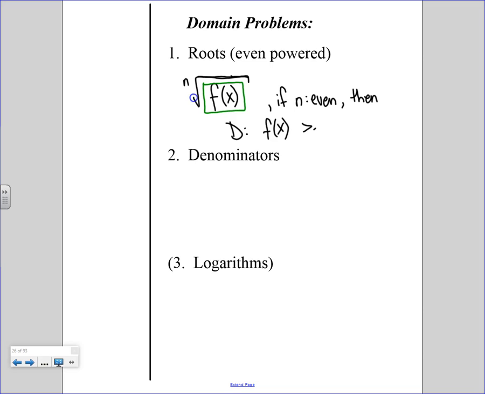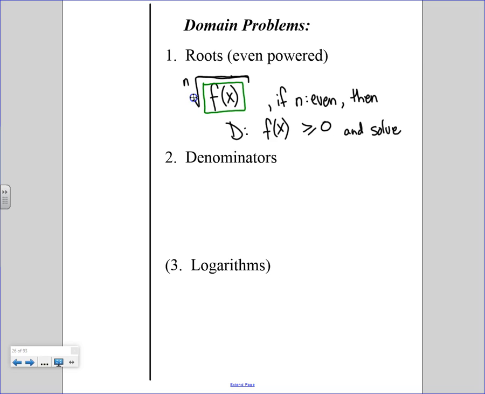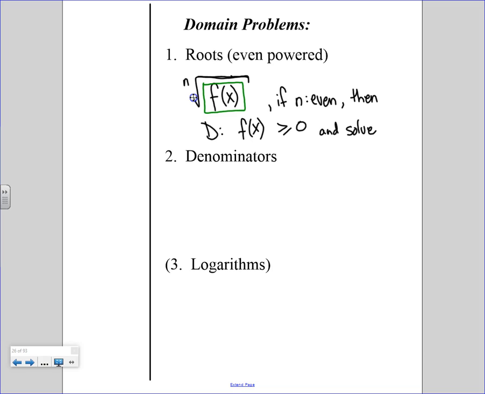You're going to set it greater than or equal to 0 and solve for x. So you take whatever is under the root, you set it greater than or equal to 0, and then you solve. You simplify. You solve. We'll talk about the y in just 1 second. Let's go ahead and talk about denominators.